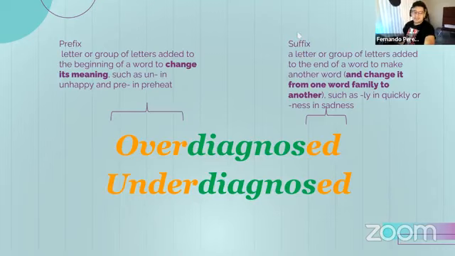I think the most important difference between these two is the suffix. The suffix doesn't change the meaning only. It changes the word, the family that the word belongs to. I repeat, it changes the family that the word belongs to.